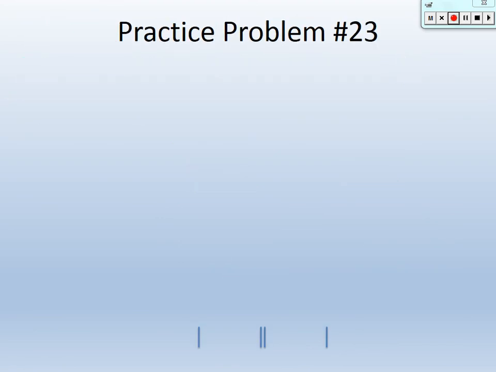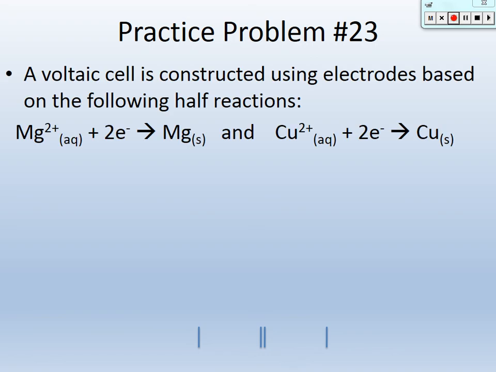Okay, practice problem number 23. This is the last practice problem on this video, and I want to give you a chance to go through and figure this one out before I solve it for you. So it says a voltaic cell is constructed using electrodes based on the following half reactions.